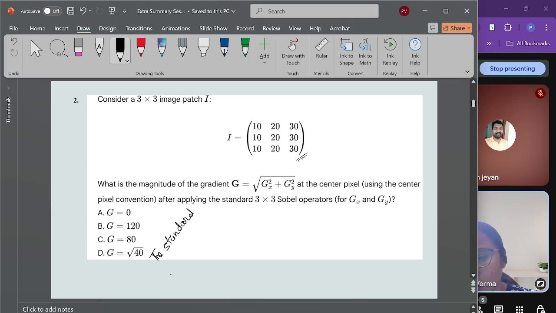The standard Sobel kernel, Sx and Sy. Anyone? Can you tell me what is the Sobel operator for vertical and horizontal direction?